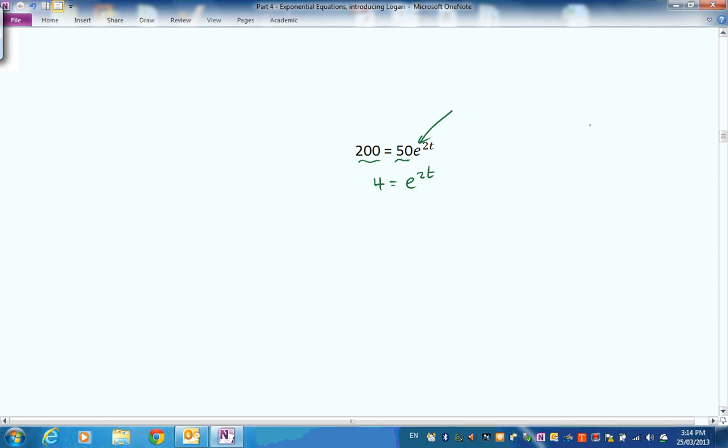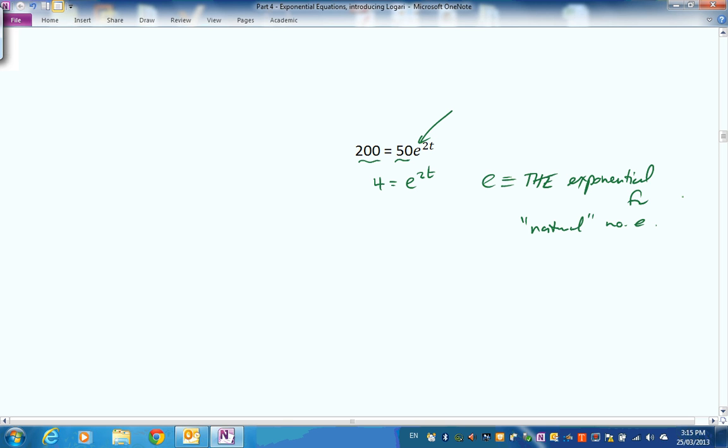Now, we could take the log of both sides here, but because e is equivalent to the exponential function, or the natural number e, because it seems to occur naturally in so many things in our world.